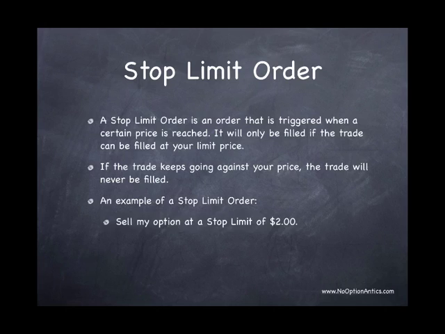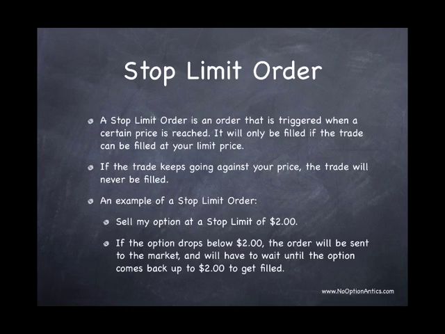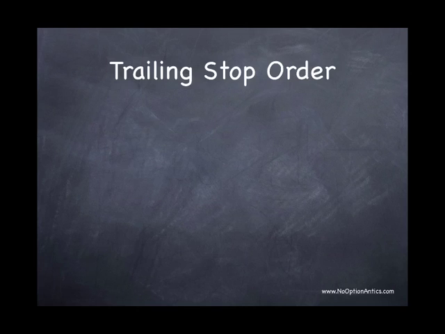So for an example here, I have a stop limit order of $2. If the option drops below $2, an order is going to be sent to the market, and I'll have to wait until the option gets back up to $2 to get filled. If it drops down to $1.90 and keeps going down from that point, this order will never be filled.